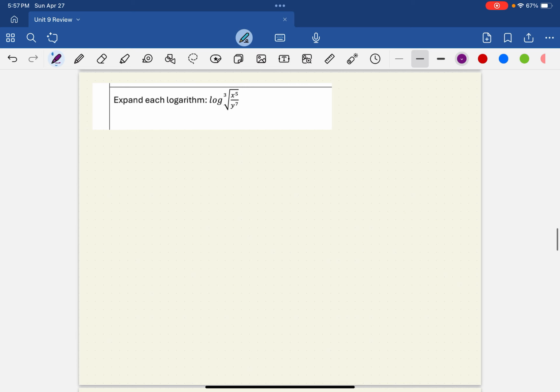Okay, we have a fraction as well as a cube root. So remember roots. Square roots is 1/2 as an exponent. Cube root is 1/3 as an exponent. And fourth roots are 1/4 as an exponent. So let's go ahead and log. Since I don't have a base, it's base 10.